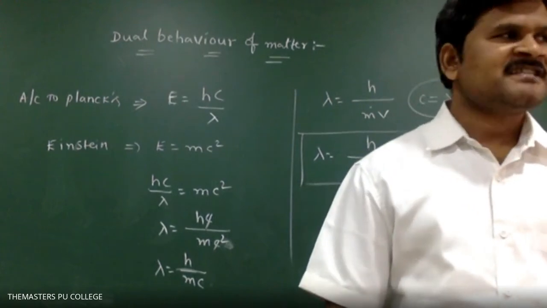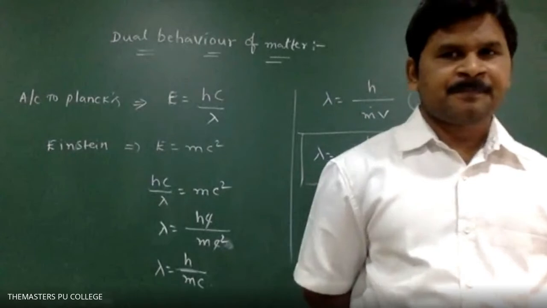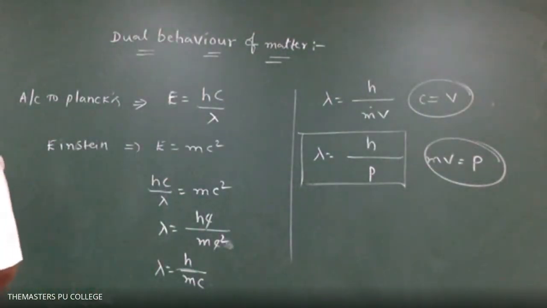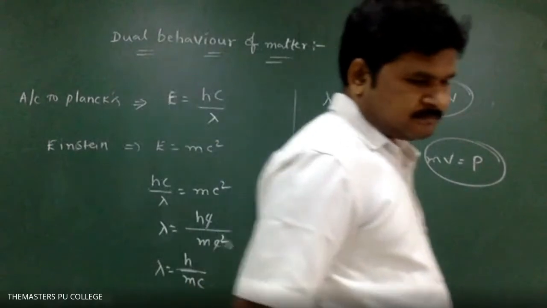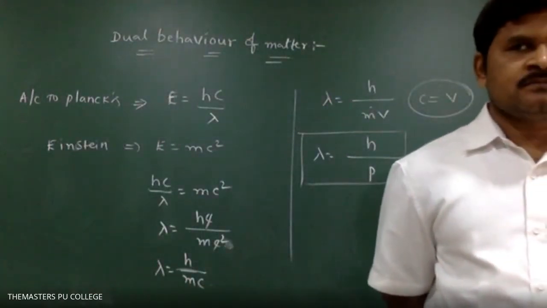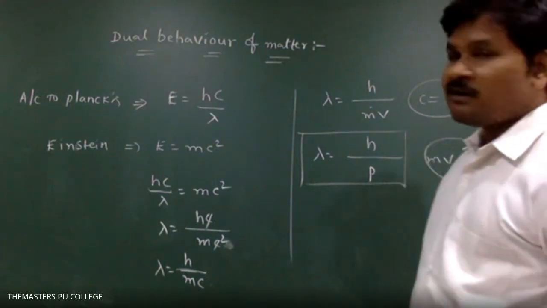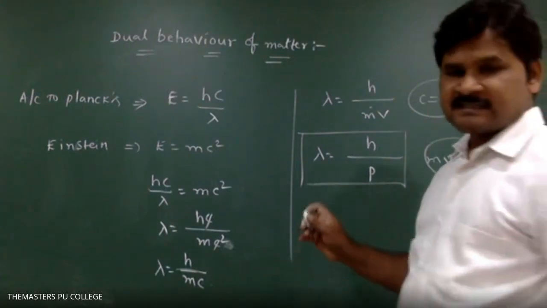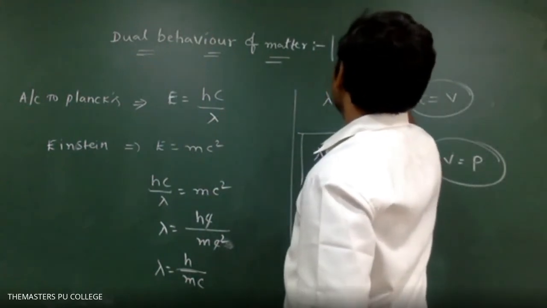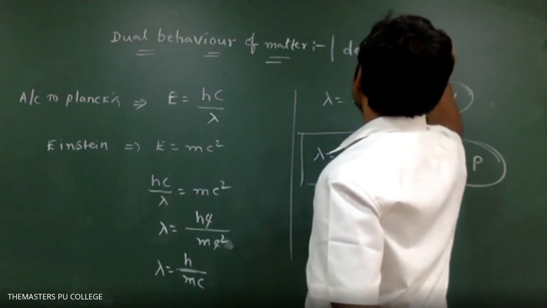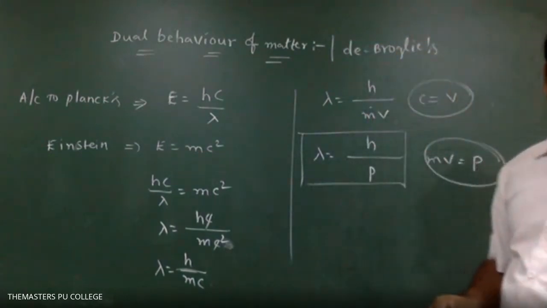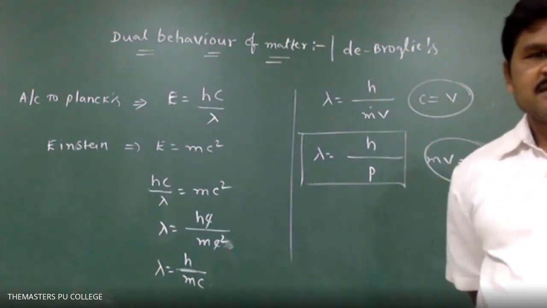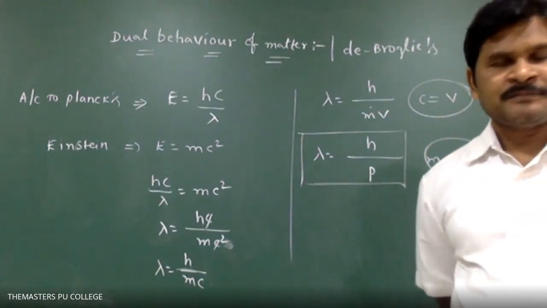Next point: the wave nature of electron was first proposed by de Broglie. How will we write de Broglie?